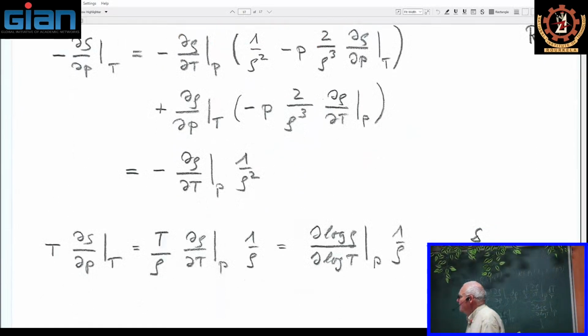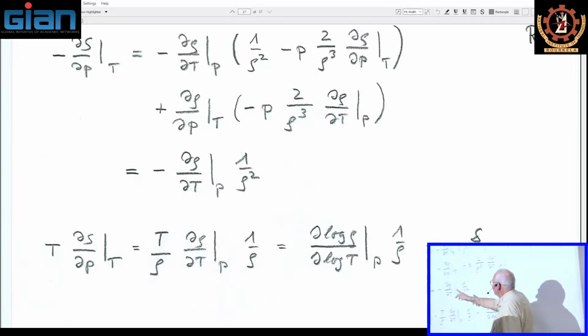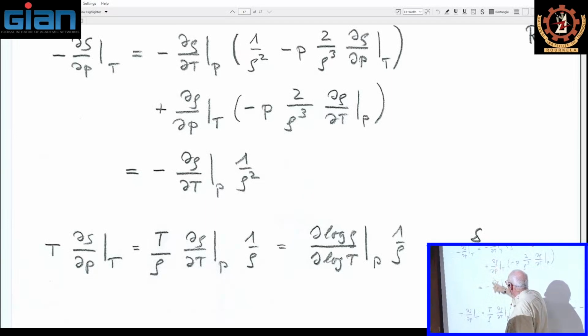So minus ds by dp at constant temperature is given by minus d rho by dt times 1 over rho squared. Or if we rearrange it a little bit, taking out the minus signs, T times ds by dp at constant temperature is given by T over rho times d rho over dt at constant pressure times 1 over rho.